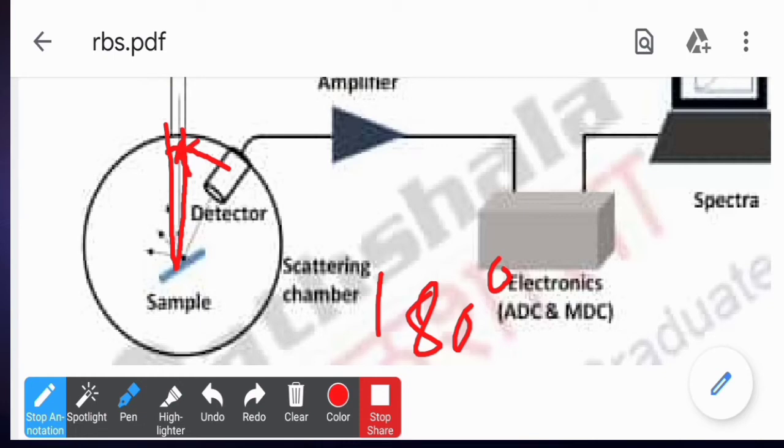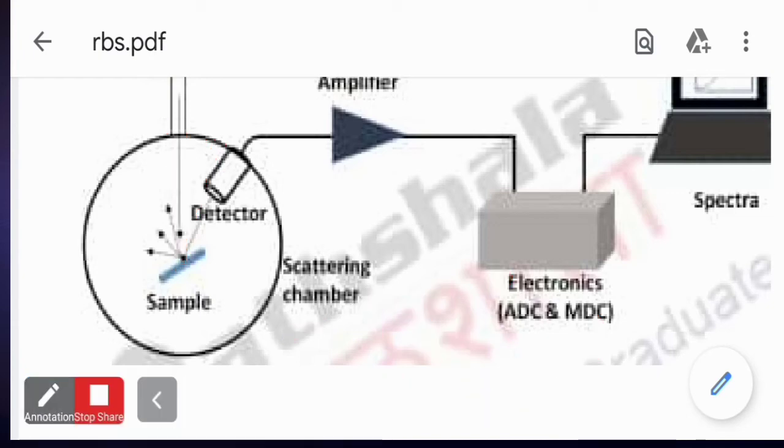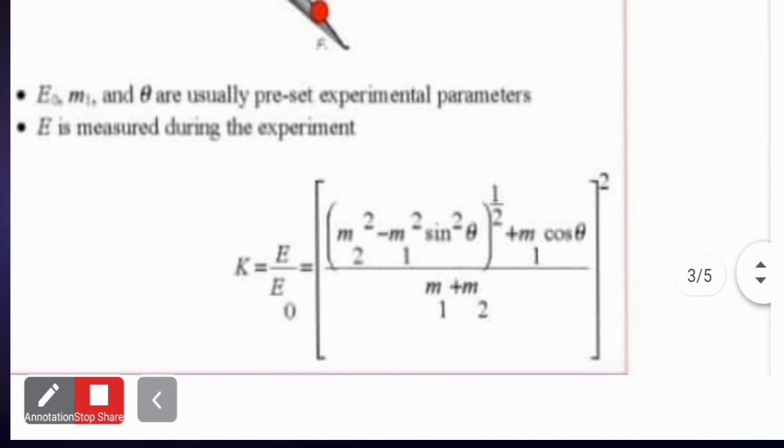To avoid this, the detector is generally placed at around 170 degrees, not degrees centigrade, which is a temperature unit, only degrees. This gives you the idea about theta, the scattering angle.